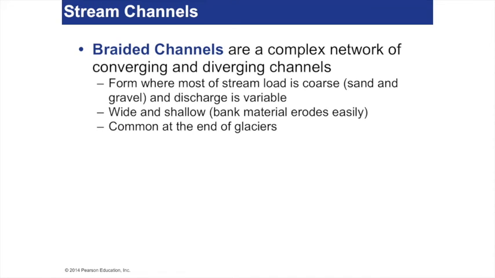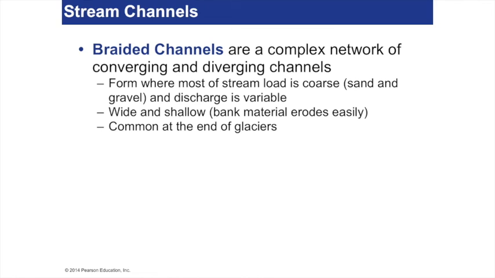If a stream is carrying lots of very large particles, sand, gravel, bigger rocks, where the load is very heavy, and where sometimes you're going to have lots of fast water and sometimes slow water, it deposits that load in different places, and then it basically clogs up its own river.